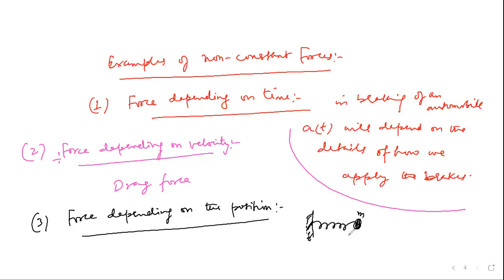The spring will not exert any force on this mass m, but if you stretch it, for example, if I stretch it this way, then force on this mass due to the spring will be to the left, right? And if I compress this spring like this, then force on this mass will be this way.